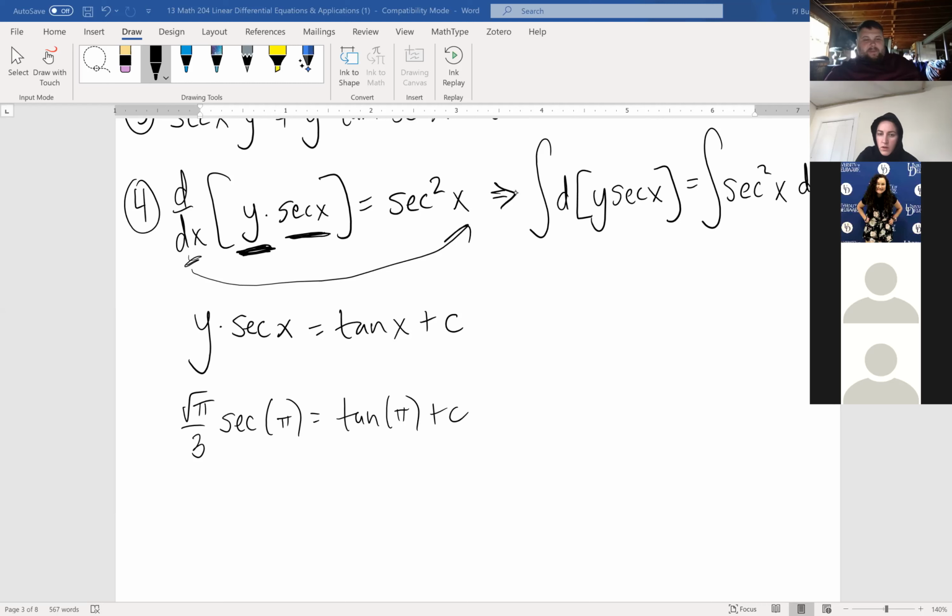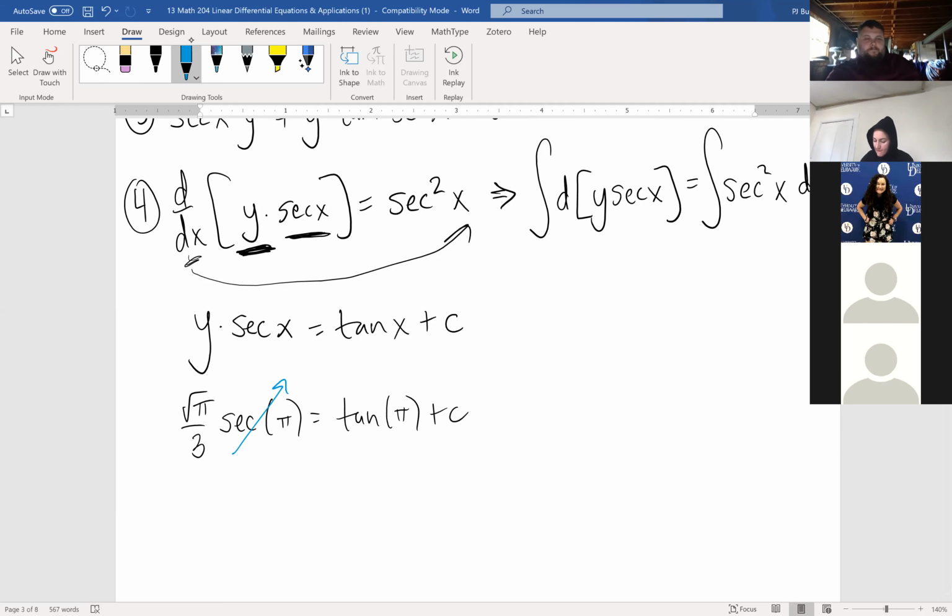So what is secant pi and what is tangent pi? Secant pi is another way of saying 1 over cosine pi, which is 1 over -1, which is -1.